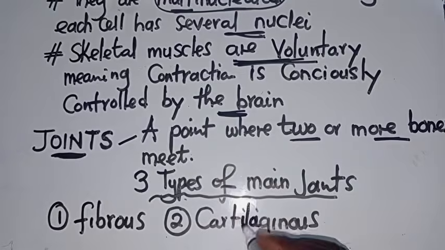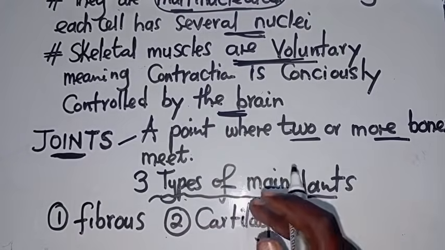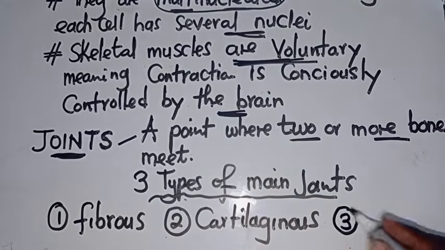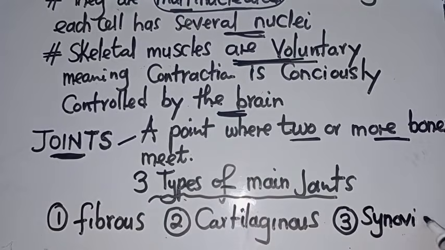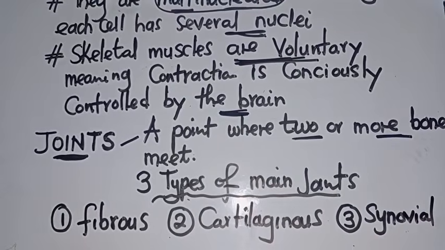Then we also have the third type that we get to call the synovial joint. So we've got the fibrous joints, the cartilaginous joints, and the synovial joints. These are the three joints that you are supposed to get.